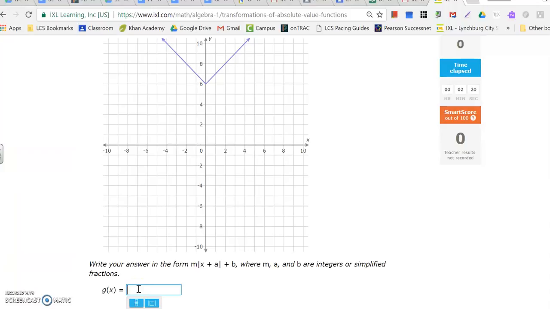And if I'm putting this in, I'm just going to put that it's equal to absolute value of x, and it's not multiplied by anything because I got a normal up 1 over 1, hit the corners kind of slope. It hasn't been shifted sideways, so I'm not going to change anything in the bars. No plus or minus in the bars because it's not shifted sideways. It's only shifted up, and so that's going to be a plus 6 on the outside.